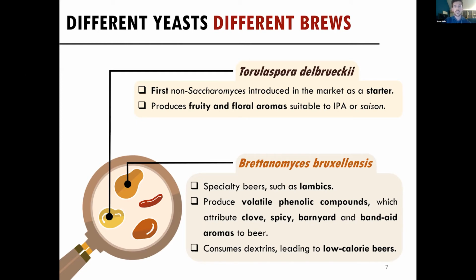And finally, Brettanomyces bruxellensis can also be used because it consumes pretty much all the sugars present in the wort, including these dextrins, which are low molecular weight carbohydrates or sugars. And because they consume almost all of the sugars present, they can also be used to produce low calorie beer.